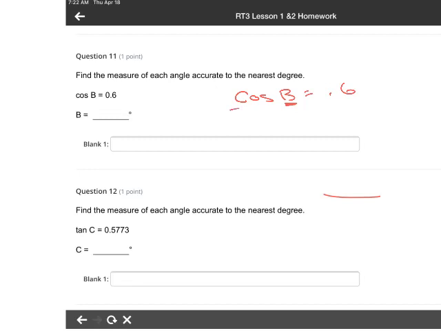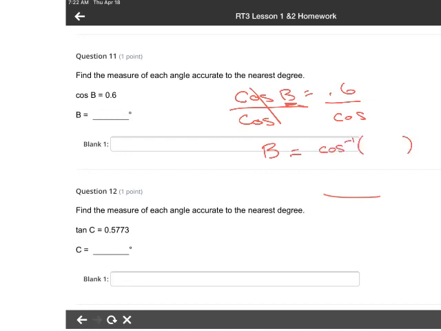We want B by itself, so we want to think about the fact that we're dividing by cosine, because that gets B by itself. Now, on our calculator, there is no divide by cosine button, but what we do have is the cosine -1 button.